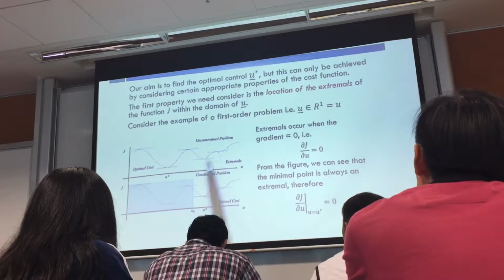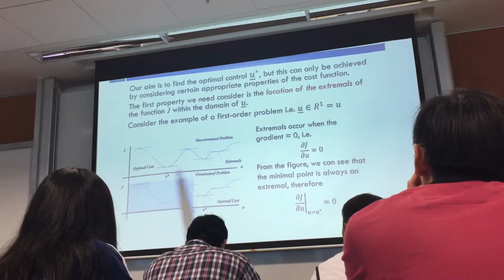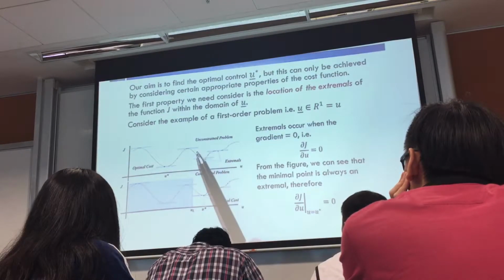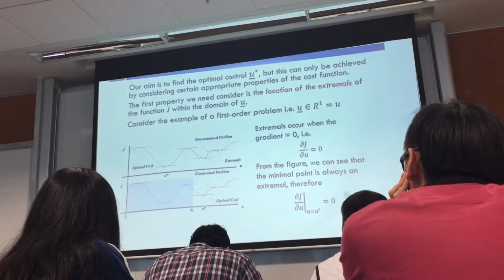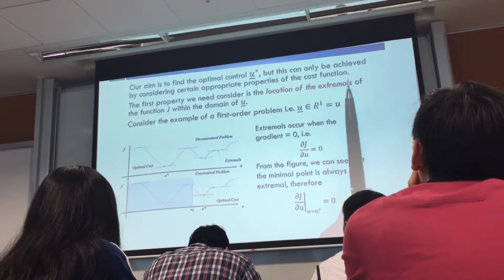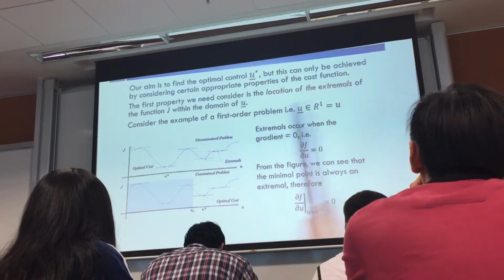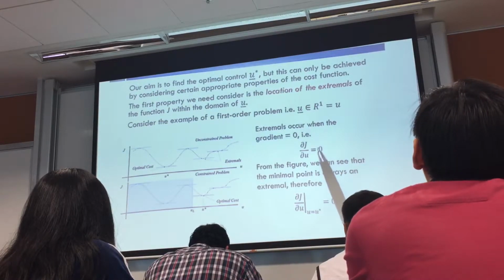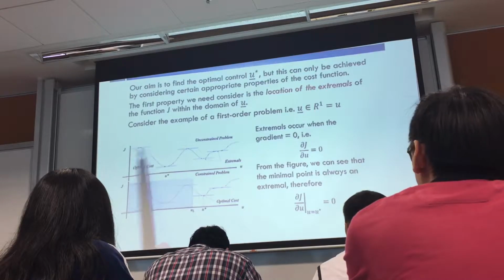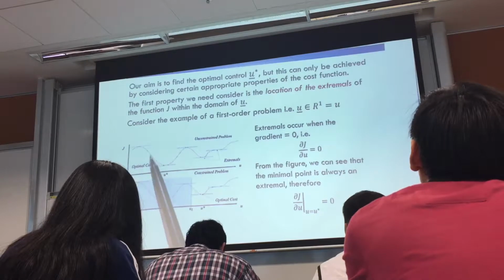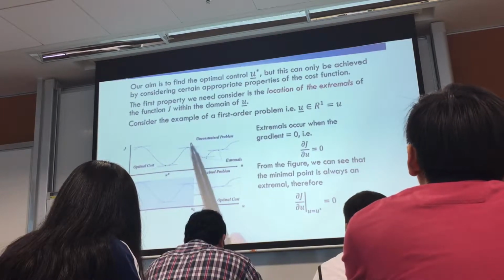What are the general properties of this minimizing point for any n-dimensional function? The first observation is that the minimizing point must be extremal. In mathematics, we know the extremal is defined by the first derivative equal to 0. So if you evaluate the derivative at these points, this one will be equal to 0, and the points in between are not zero.